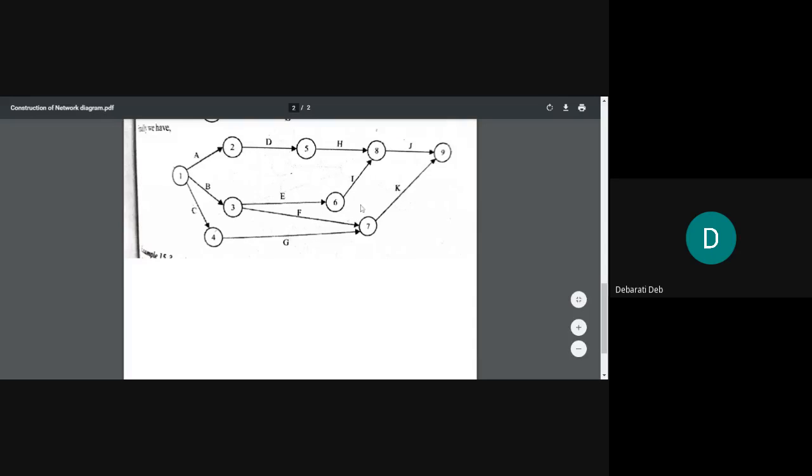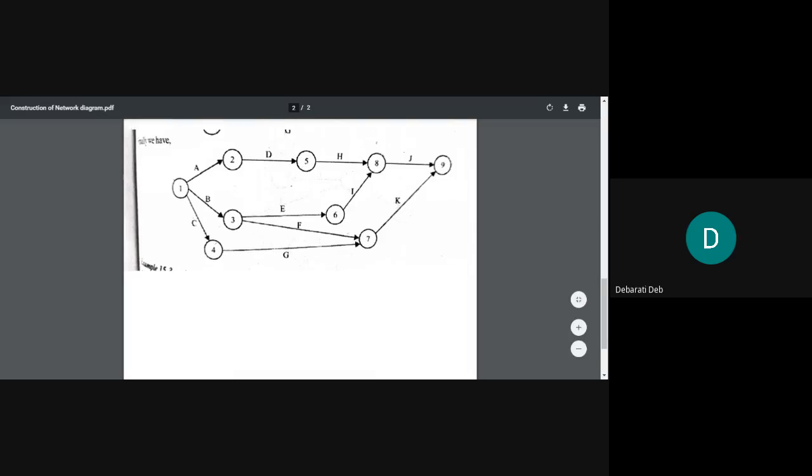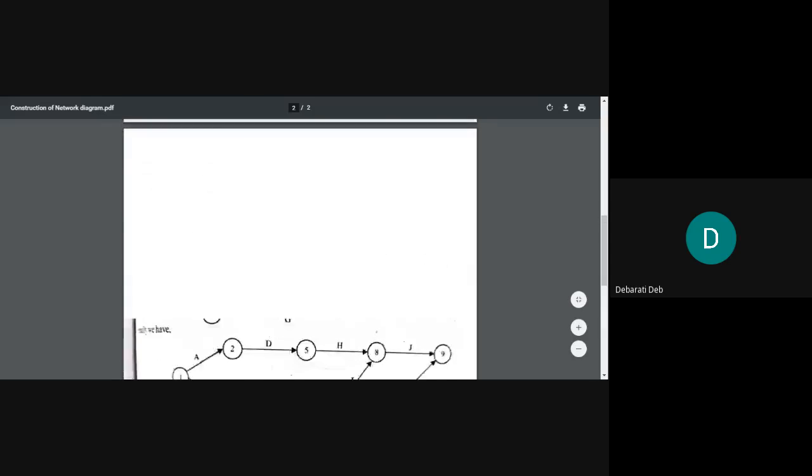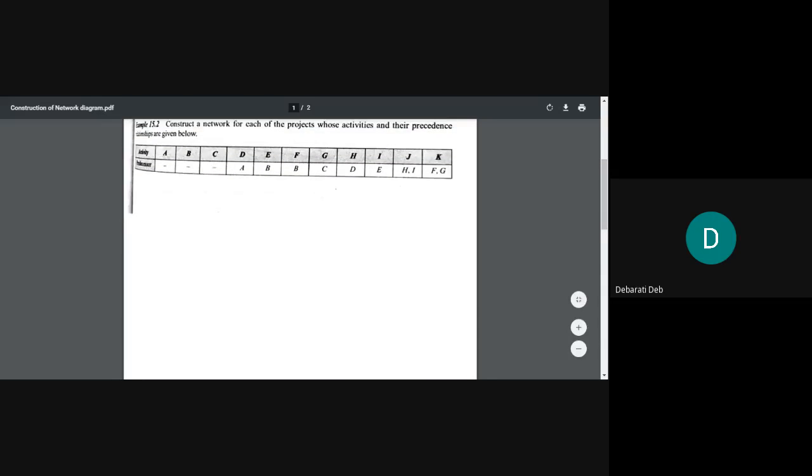So you will first draw I like this. In the very next step, you will see that H and I are both the predecessor of J. That means H and I have to meet somewhere.